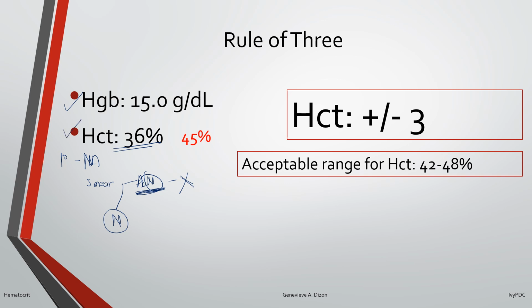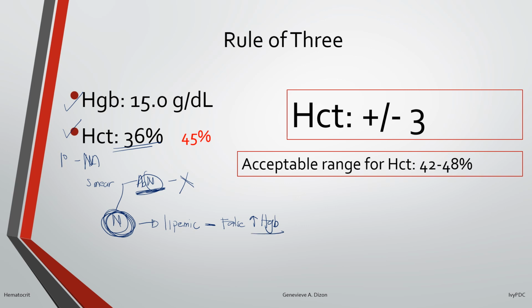But if, for example, the blood smear shows normocytic and normochromic red blood cells, then we have to do further investigation on what might have caused the discrepancy of the hemoglobin and the hematocrit with the rule of 3. So let's say, for example, after investigation, we found out that the specimen is lipemic, and lipemia in the specimen would cause a false increase in hemoglobin.